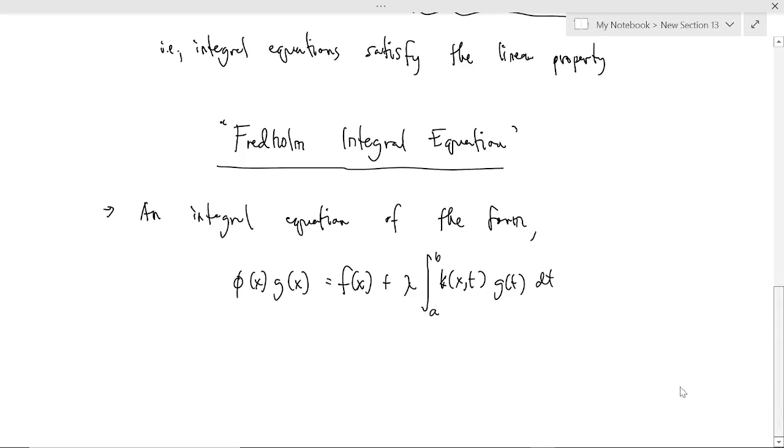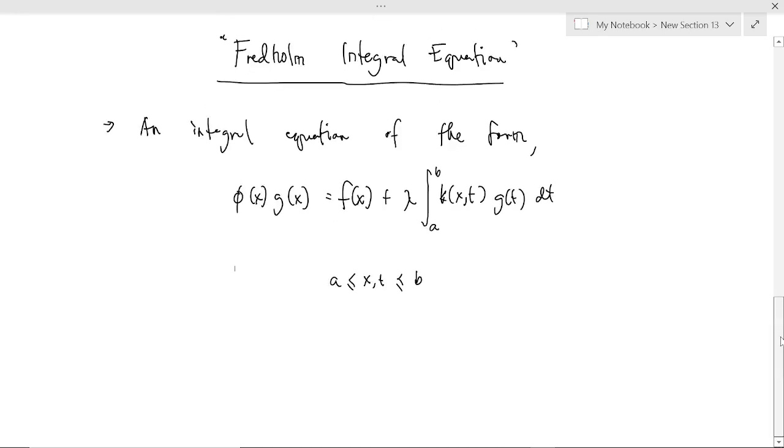We have to take note here that x and t are between the limits a and b.